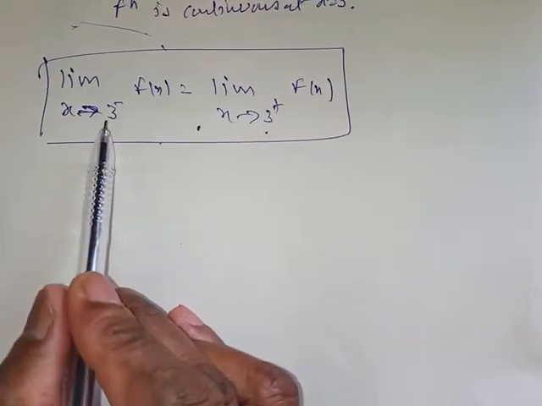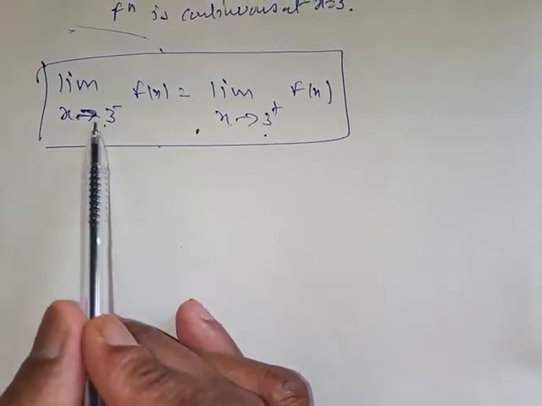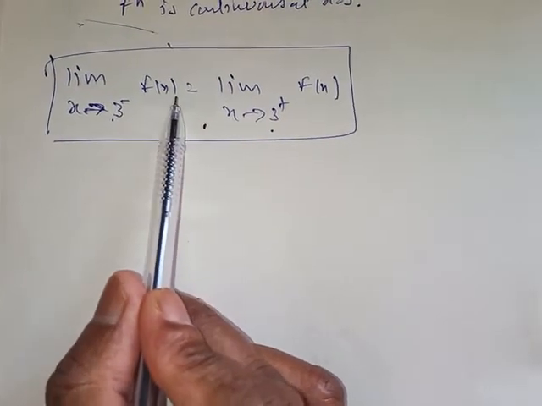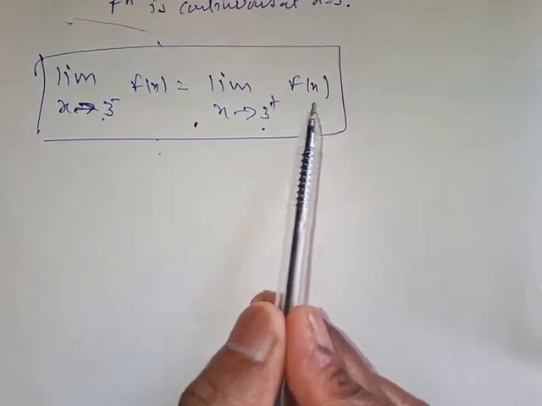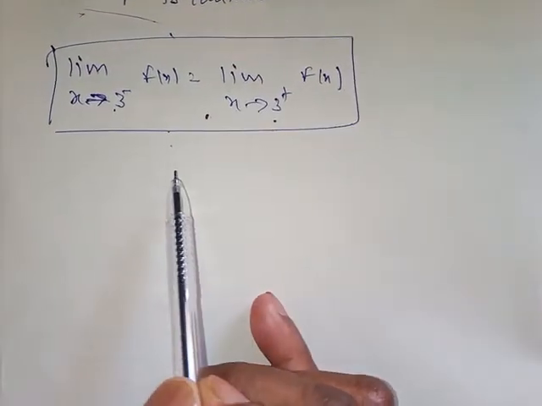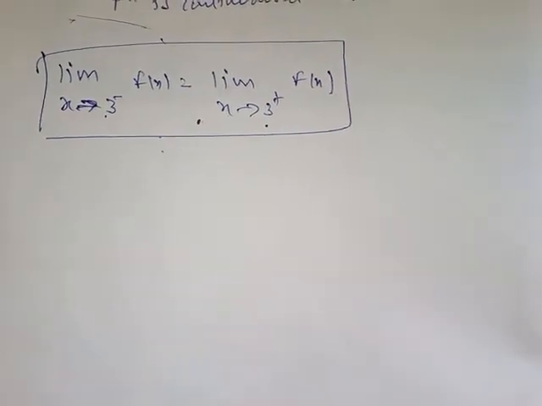It means that limit x tends to 3 minus f of x is equal to limit x tends to 3 plus f of x. So let's find limit x tends to 3 minus f of x and limit x tends to 3 plus f of x, and equate these two to get the values of a and b.